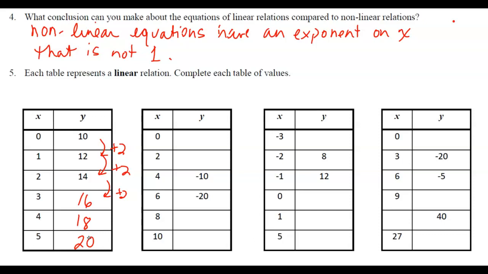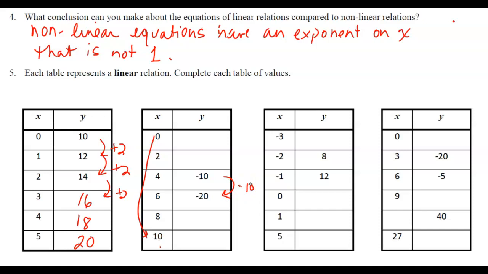Okay. Sometimes we're not given the first y's, we're given in the middle, but we do need 2 in a row in order to figure out what that constant change is. So take a look here. Are these all going up by the same amount? Okay, they're all going up by 2's. So that means we need all of the y's to be constant. Take a look at the one that's given to you. We're going down 10.